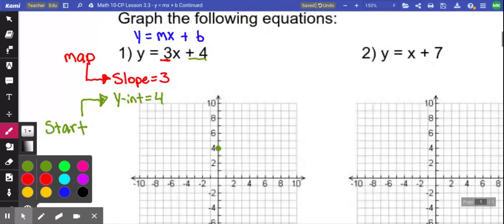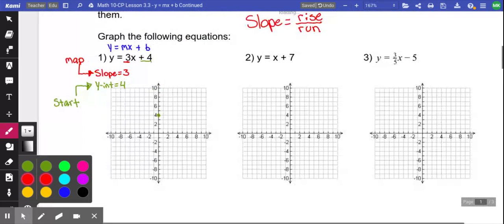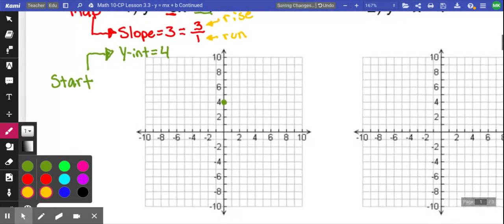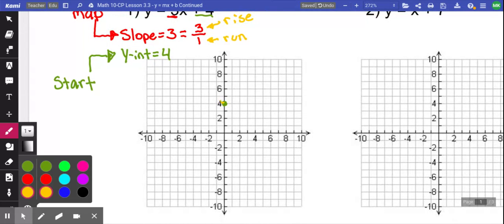So in this case, I have to reimagine the number 3 as being 3 divided by 1. That will tell me how I get to my next point. I need to rise 3 and run 1. So if I go up 3, so 1, 2, 3, and then run 1, I would have my next point.